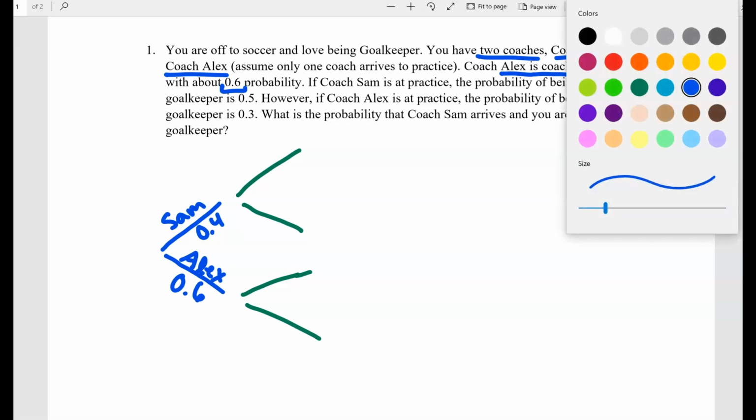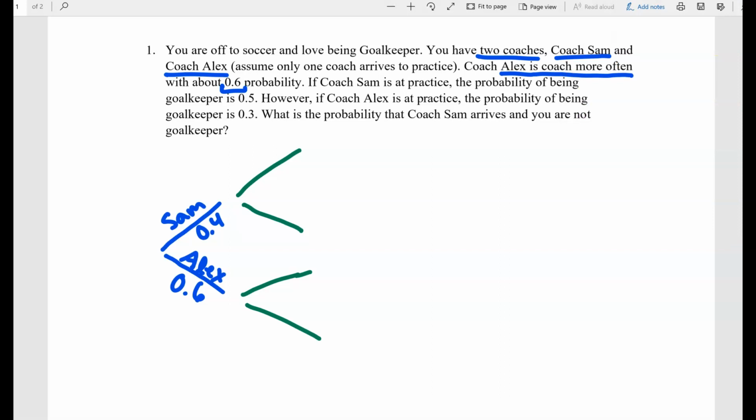Now, once they appear, you have a couple options. You can either be goalkeeper, I'm just going to write G for goalkeeper, or not goalkeeper. Again, you can write G complement if you want to. It doesn't matter. Same thing with Coach Alex: you can be goalkeeper or no goalkeeper.